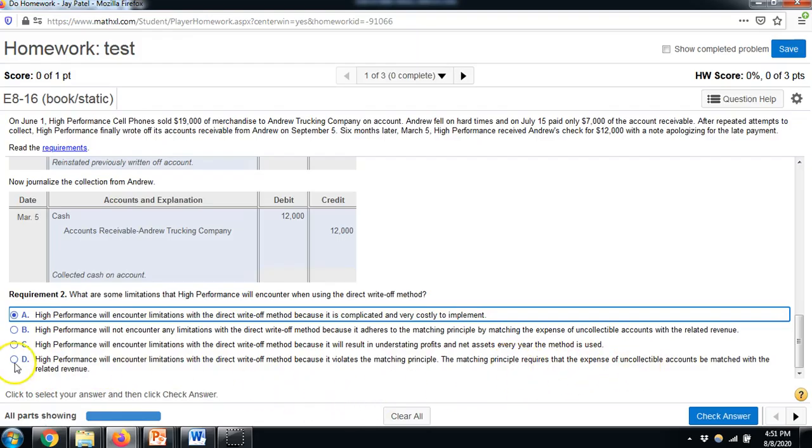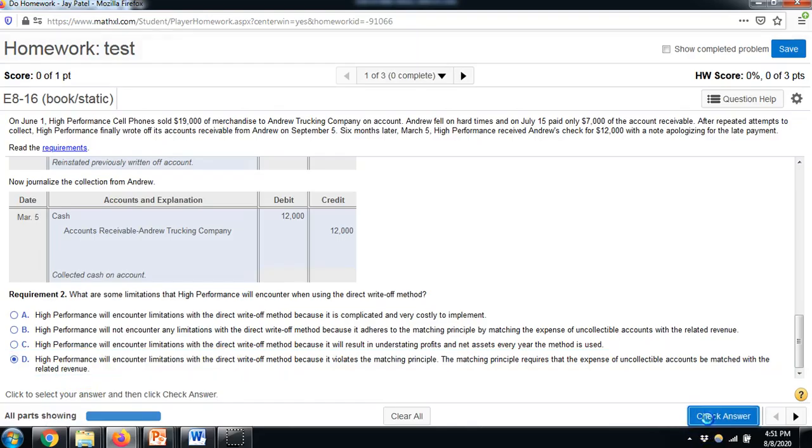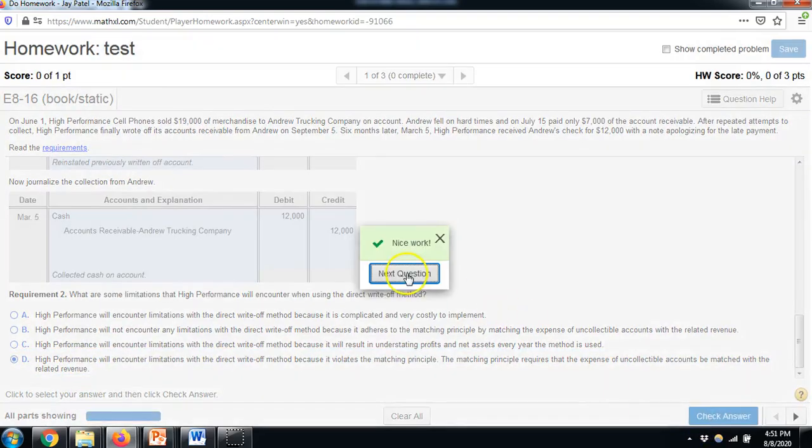So I think the answer is D. We know that the direct write-off method does violate the matching principle because we want to match the bad debt expense with the period in which the related revenue was first introduced. So I think I'm going to go with D. Let's see. Okay, great.